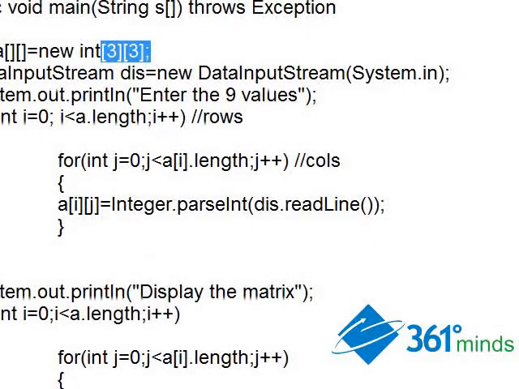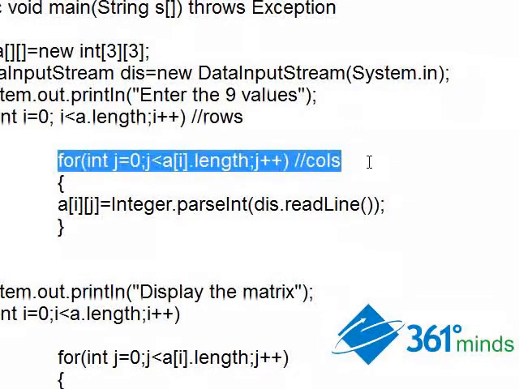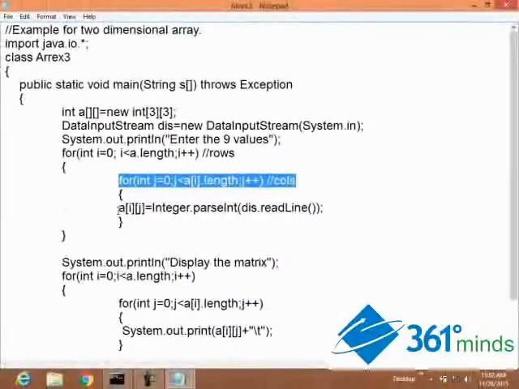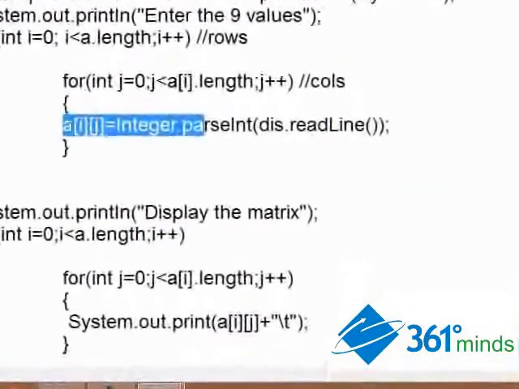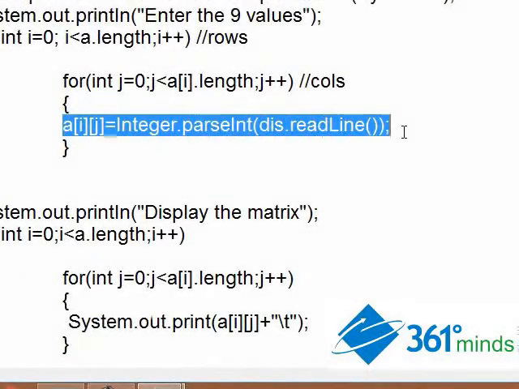And now it says for int I is equal to 0, I less than a dot length, that is this I plus plus for the rows, and a nested for for the columns. And here, by using the for loop, I read the values that are being fed by the user.